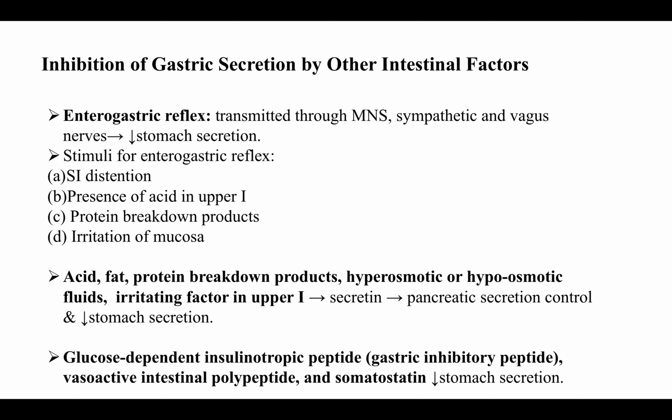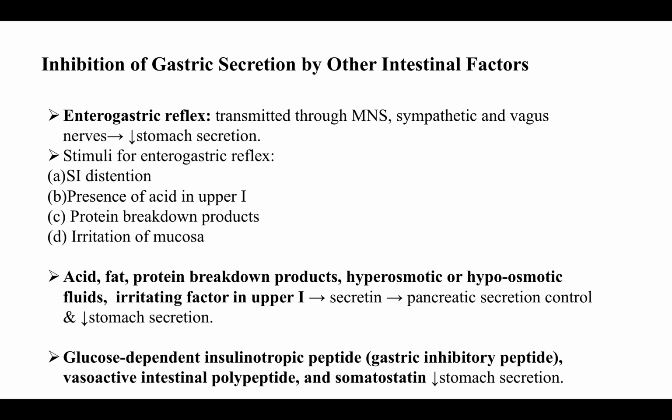Also, any dietary breakdown products such as acids, fat, protein, hyperosmotic or hypoosmotic fluids in the upper intestine, or any irritation in the upper intestine will stimulate secretin, and this hormone will control the pancreatic secretions.